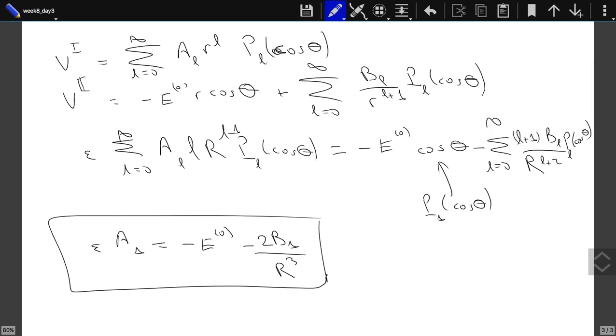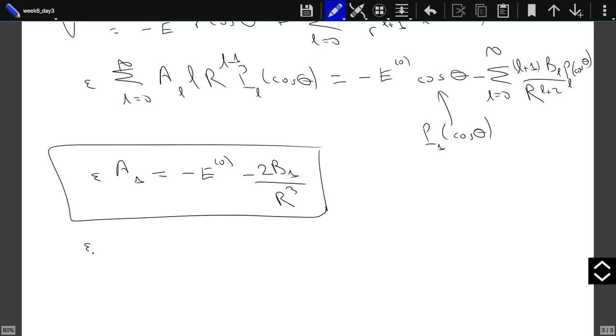This is one equation we have. And for L different than 1, we have epsilon A_L times L R to the L minus 1. This should be equal to minus L plus 1 B_L divided by R to the L plus 2.